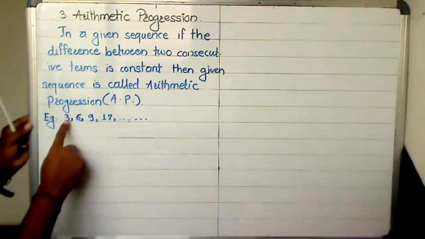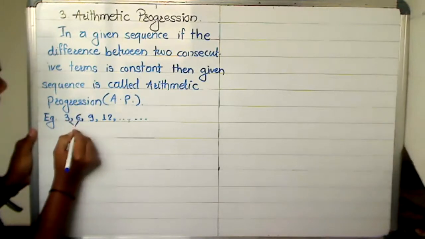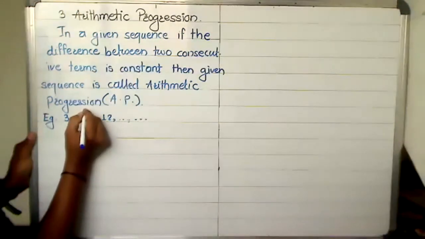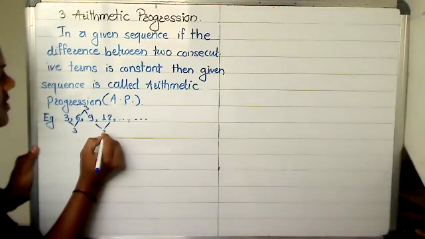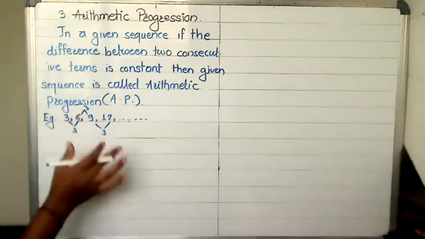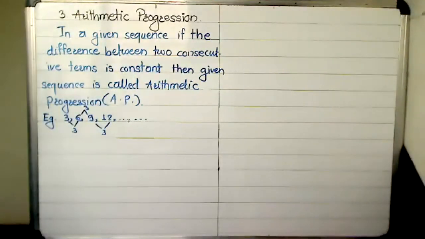The difference between 3 and 6 is 3. The difference between 6 and 9 is again 3. And the difference between 9 and 12 is 3. So we can call this sequence an arithmetic progression.